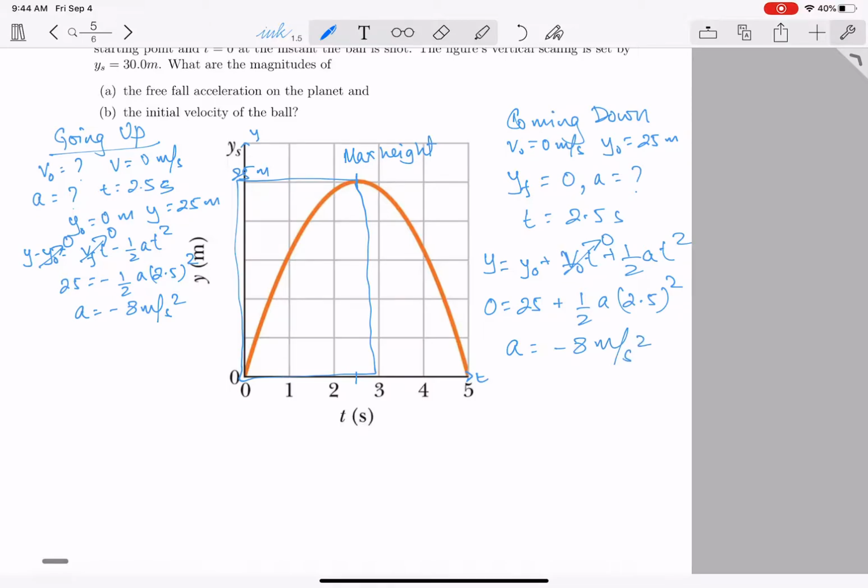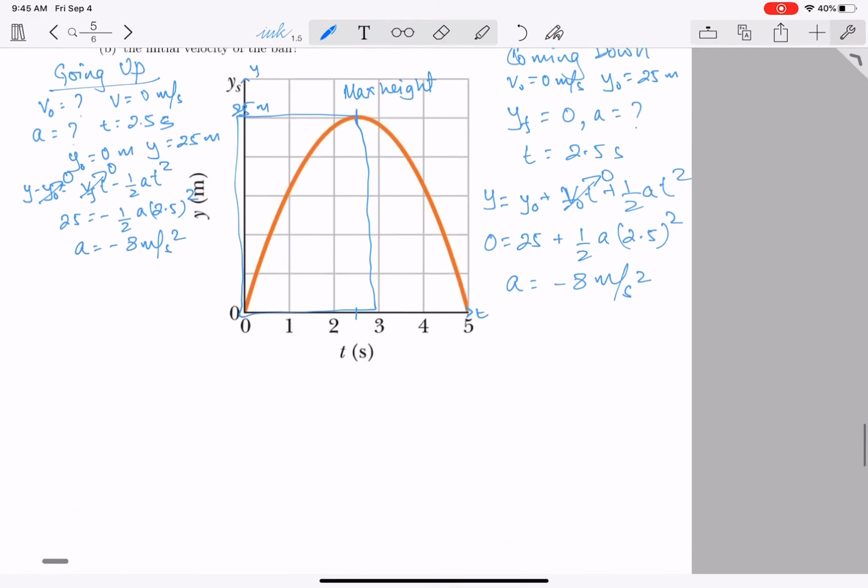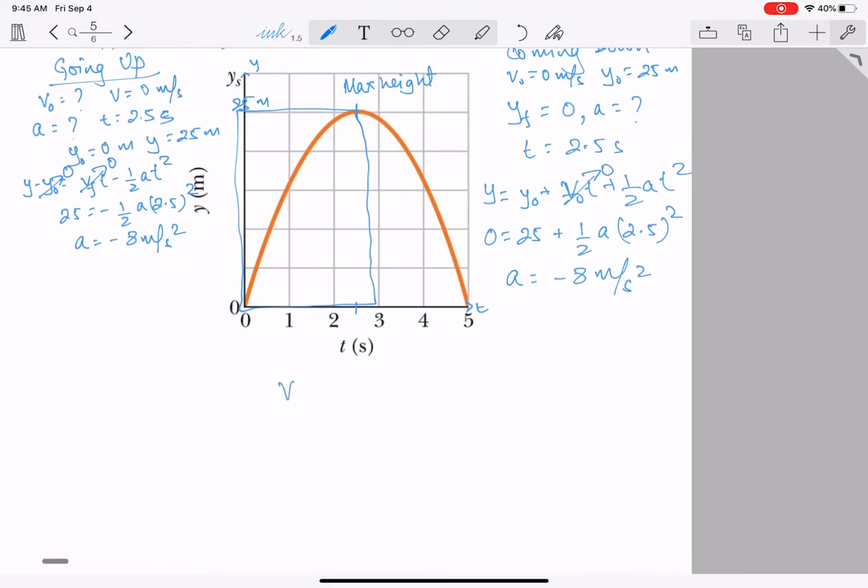Doesn't matter how we do it, we still get our acceleration to be -8 meters per second squared, because if you look at the graph here, our axis is pointing up. We have chosen up to be positive. Now the second part is to find the initial velocity of the ball. So v equals v initial plus at.